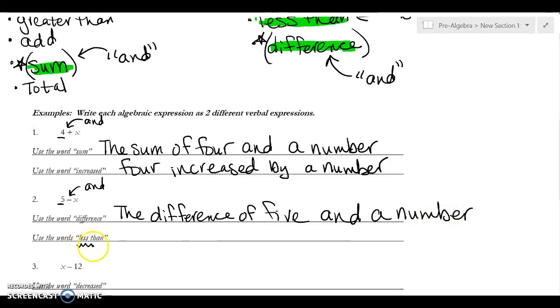Less than, ooh, that's the tricky one. That's the one that has to go backwards. So it's the thing that's at the end. It's minus x. So that's a number less than 5.